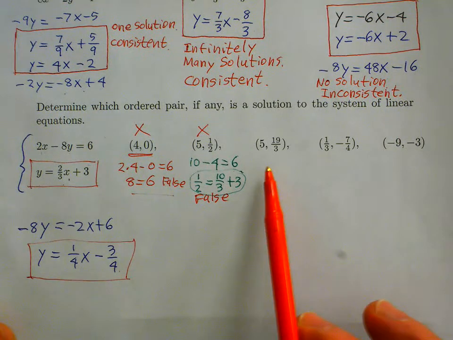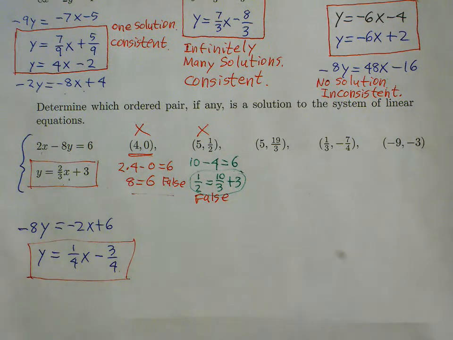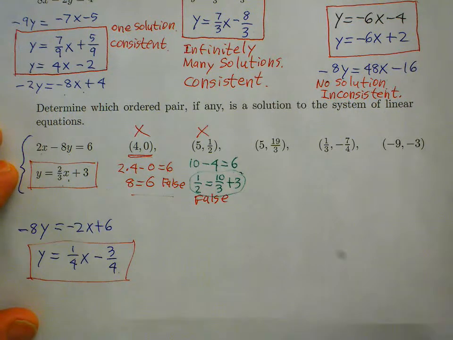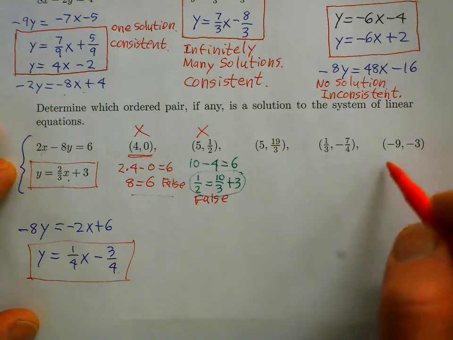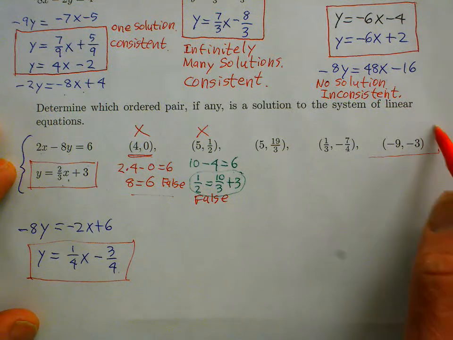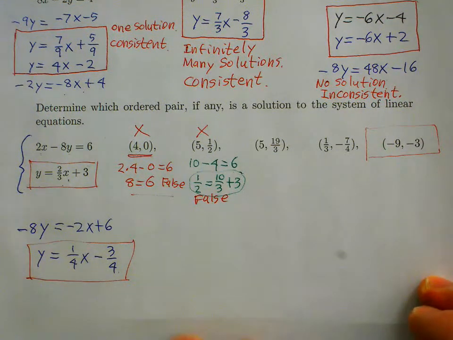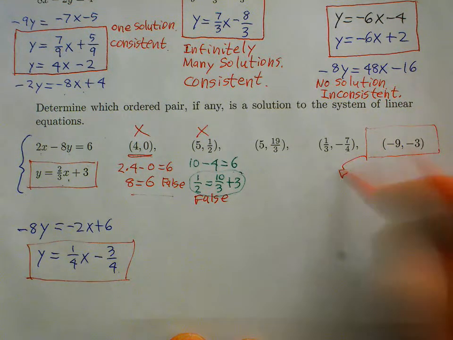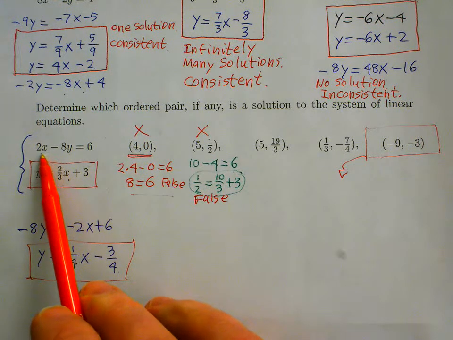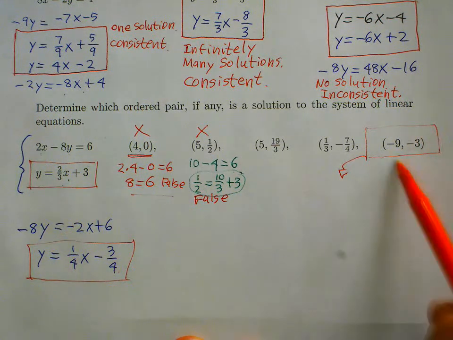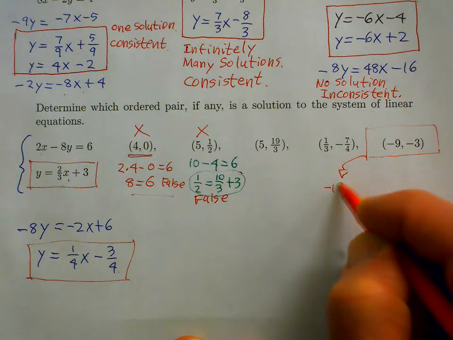Okay, well, 3 more ordered pairs to test. Do you get the idea of how to proceed? So let's test the last point. So in the top equation, 2 times negative 9, replace x with negative 9, is negative 18.